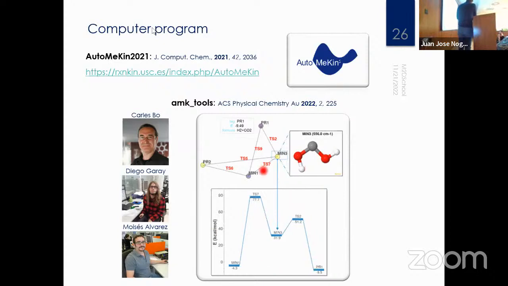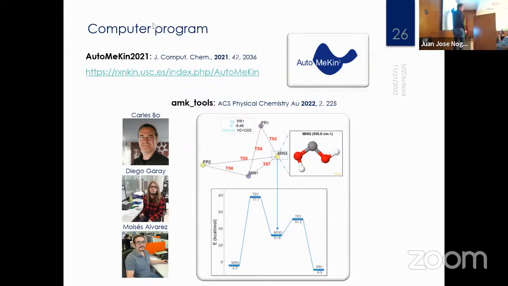Sometimes this is very dense, I mean, you have many structures, but there is the possibility to filter. To filter, you know, the number of nodes in the system and the number of steps you plot here by telling it, give me the path connecting this minimum with this other one through a maximum of 4 steps, or through a maximum of only 2 elementary steps, for instance. That way you get rid of many pathways, or you can also filter by energy.